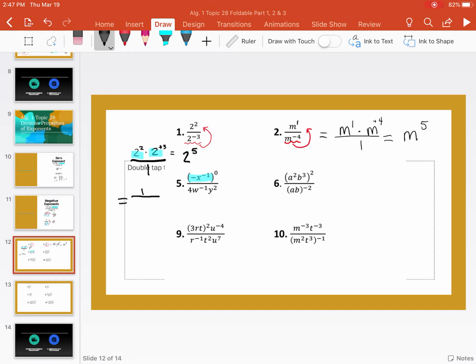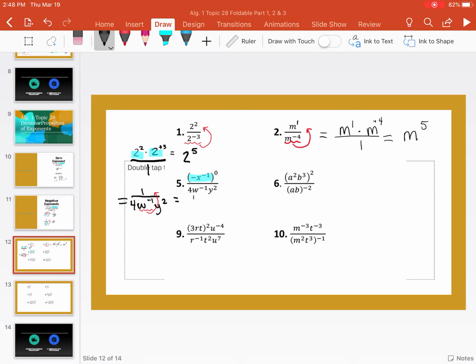Now our denominator, let's focus on that. So I'm going to rewrite that first. W to the negative first, y squared. Now, if we keep our 1 in the numerator, we have a negative exponent here, and that's w to the negative first. Now notice how it's just talking about w right here. So that's the only variable that we're going to move.